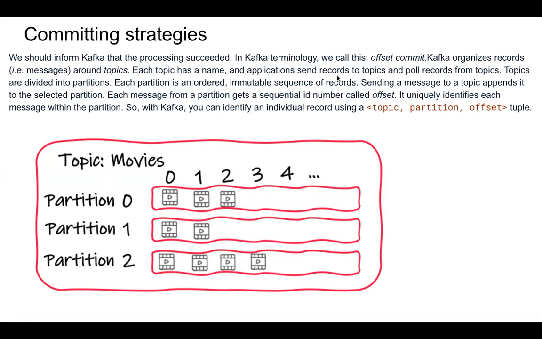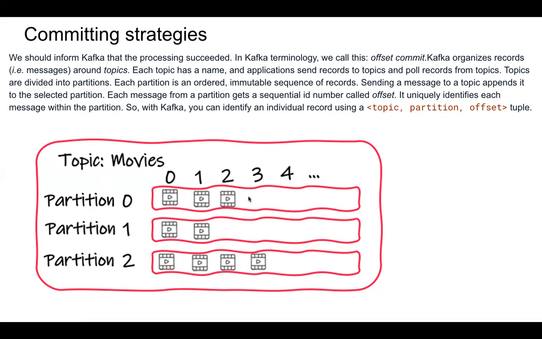So Kafka organizes records around topics. Each topic has a name. Applications can send records to topics and pull records, where pull means pull to the consumer. Topics are divided into partitions. Each partition is an ordered and immutable sequence of records.